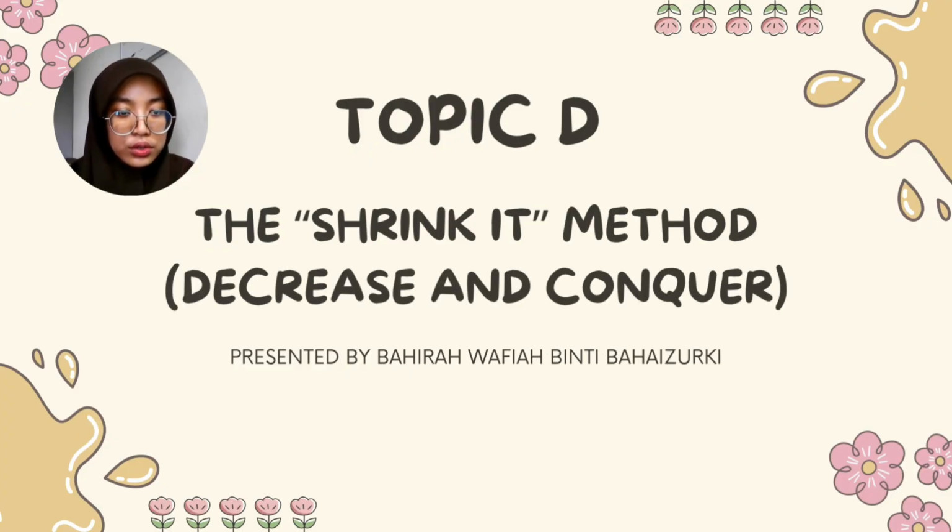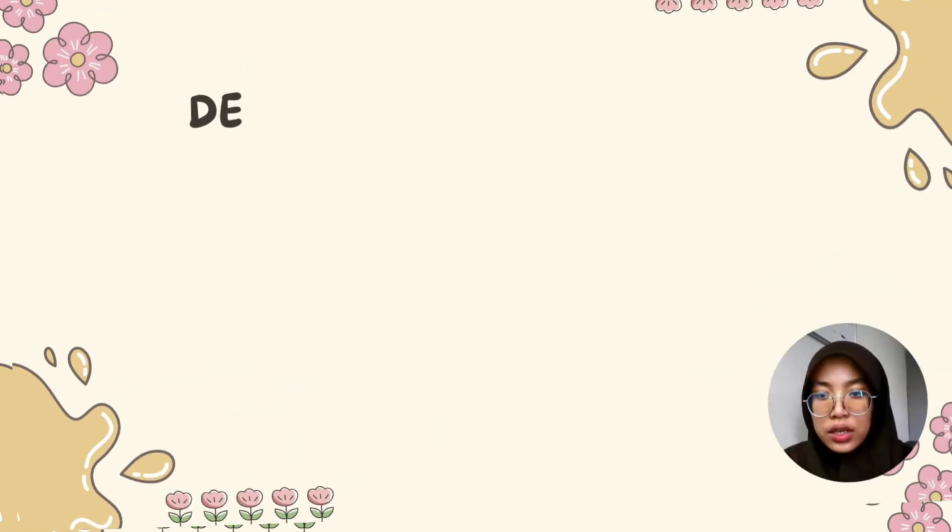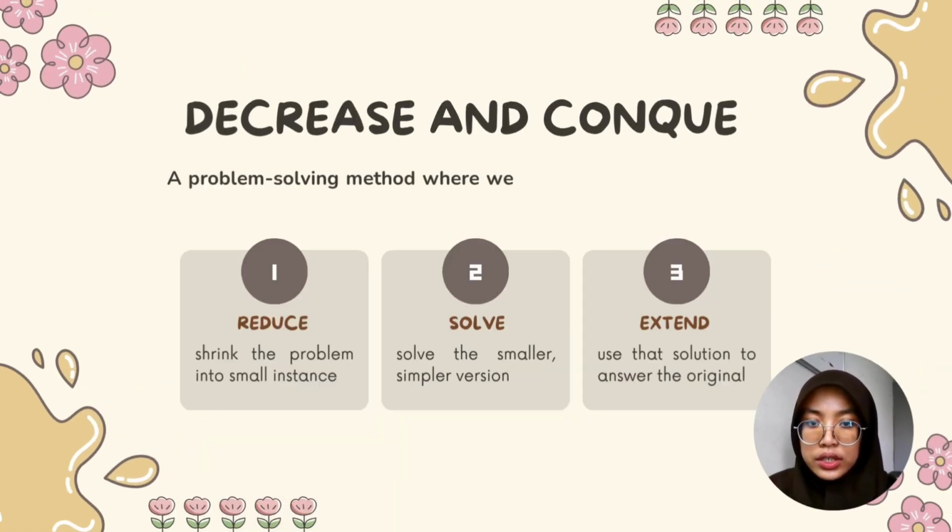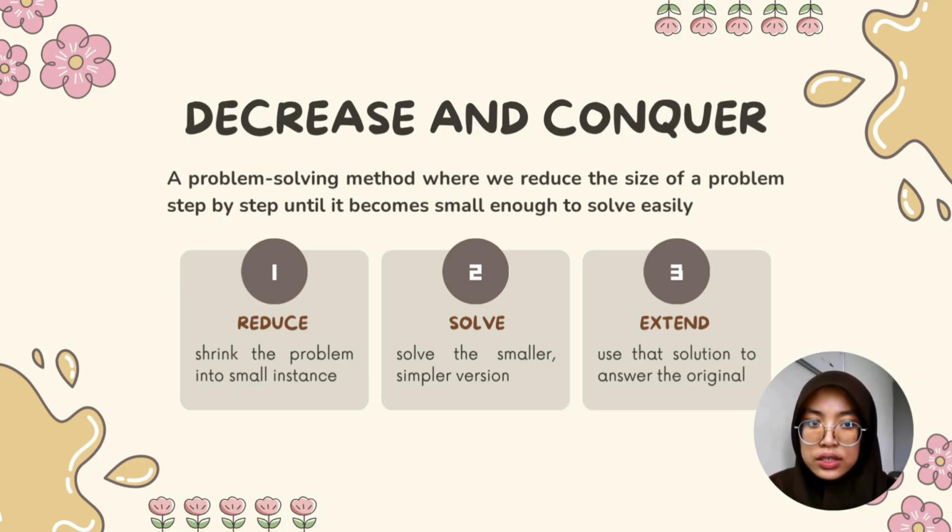Now we are going through decrease and conquer, which is most likely to be called the string method. Okay, decrease and conquer. It is actually really simple, which is instead of tackling a big problem all at once, we reduce it into a smaller version of the same problem, step by step, until it's small enough to solve easily.